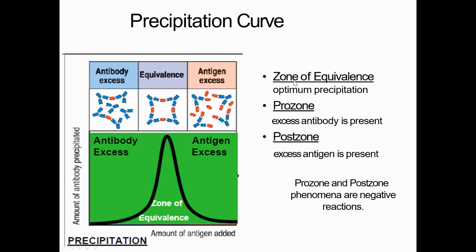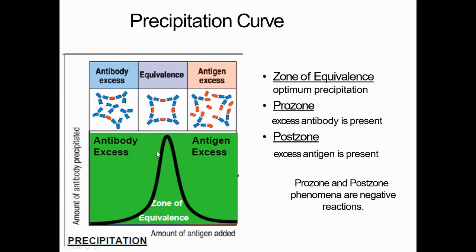During the zone of equivalence, there will be optimum precipitation. The prozone is nothing but when excess antibodies are present. If the antibody is more compared to the antigen levels, that comes under the prozone.